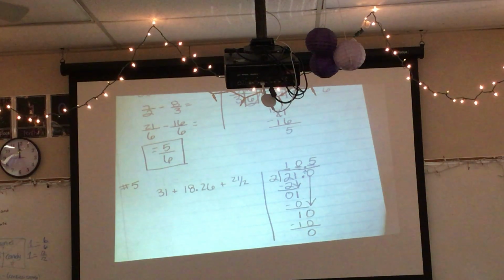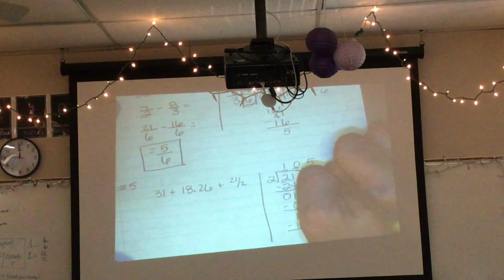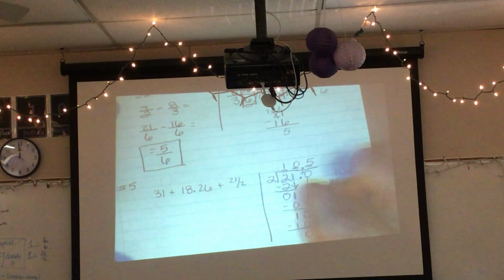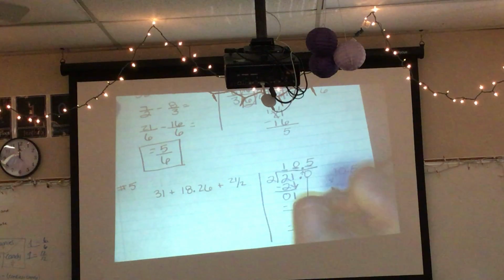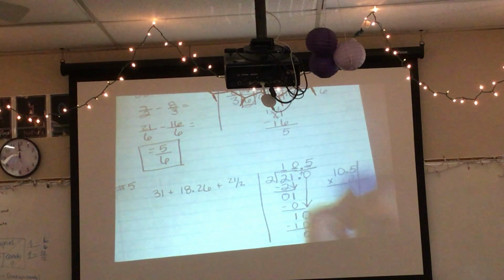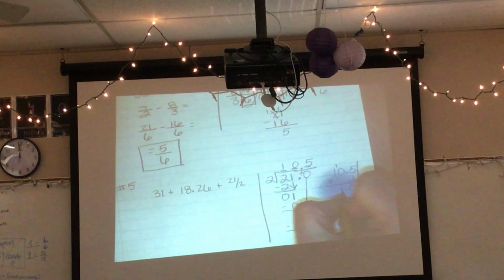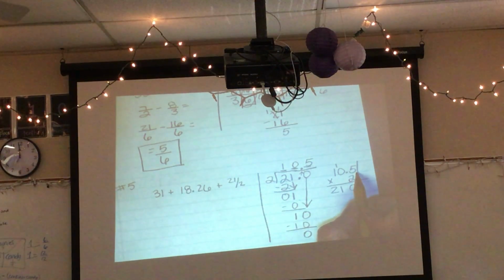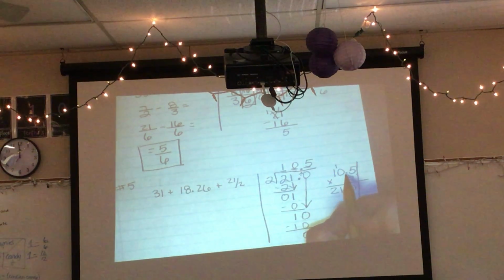Now what? Check it with multiplication. I'm going to check it with multiplication. Take my quotient times my divisor. 2 times 5 is 10. 2 times 0 is 0 plus 1 is 1. 2. From the line to the decimal point, I go over how many place values? 1.